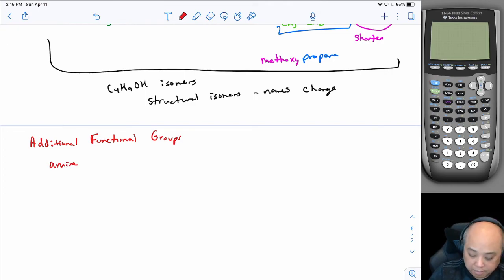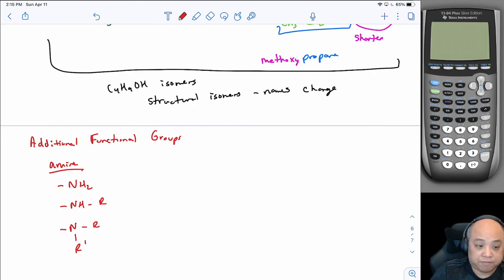An amine is when you have that NH2 group, or like an NH with another R group, or an N with 2 R groups on it. Those are all amines. So if you see an N within a carbon chain and things like that, that's an amine group. And you just be identifying that as a functional group here.